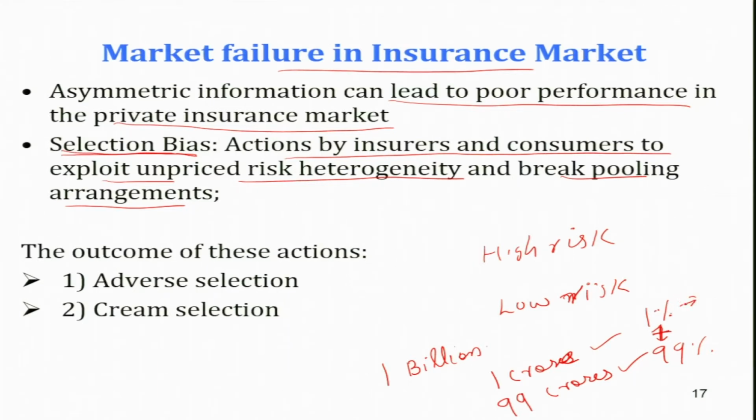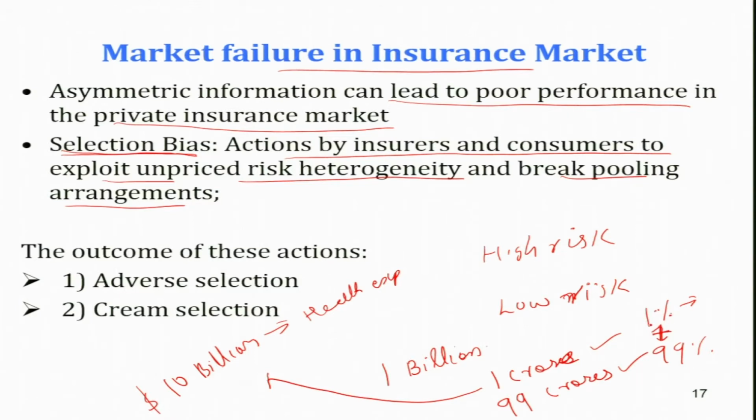So they will be calculating the risk premium based on the total expenditure. Suppose $10 billion is the total health expenditure for this 1 crore population.